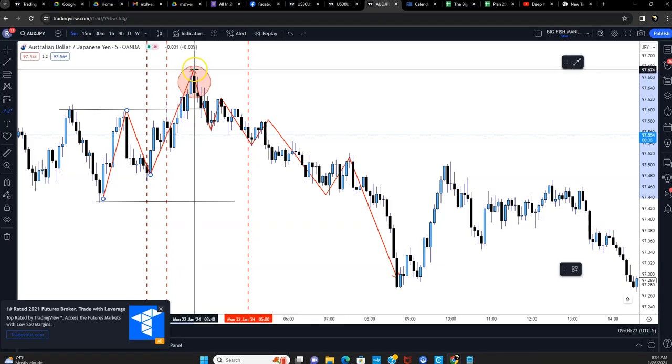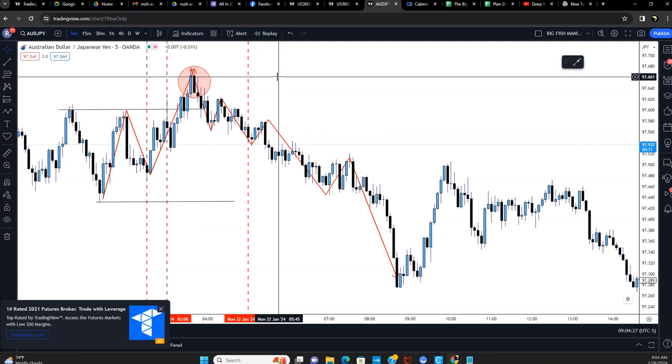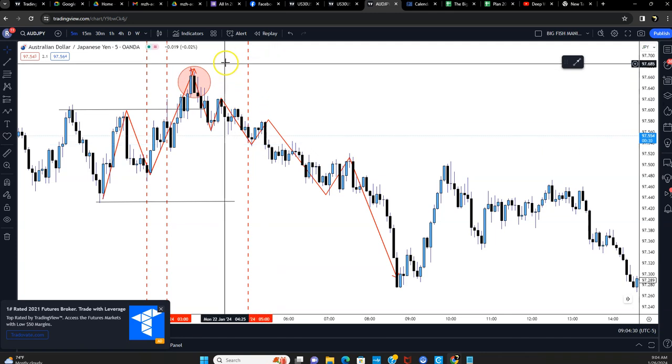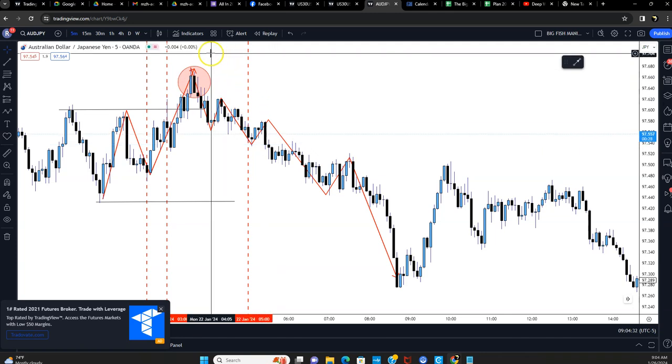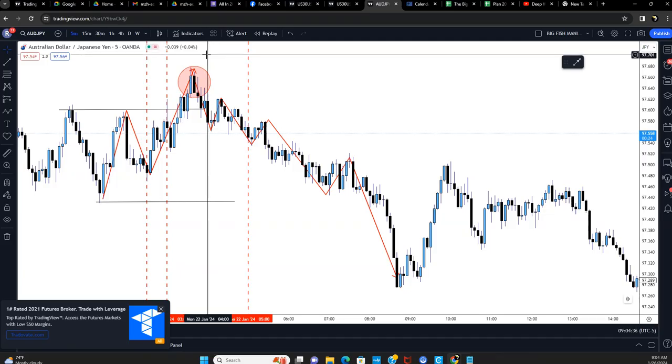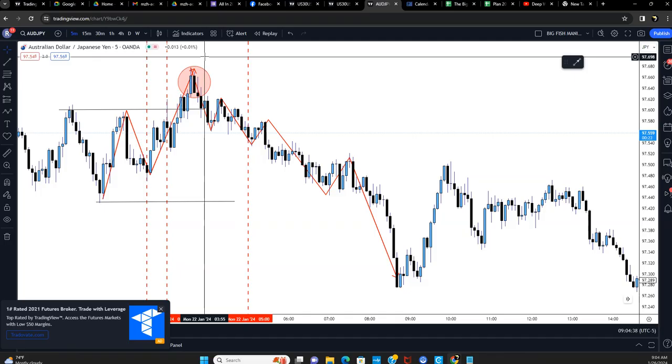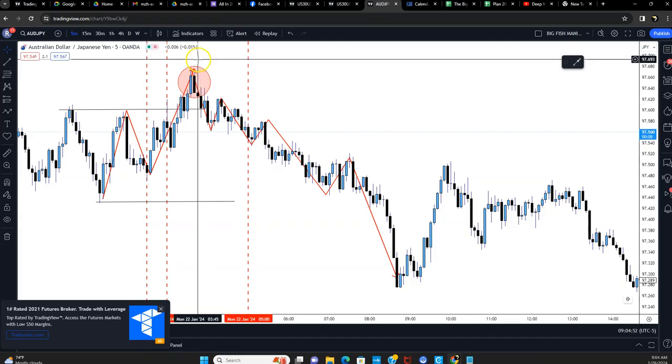So if you just follow this formula, you will have high probability trades. If you only follow this formula by itself, gold. But you have to determine what time frames you want to trade, what type of style of trading.